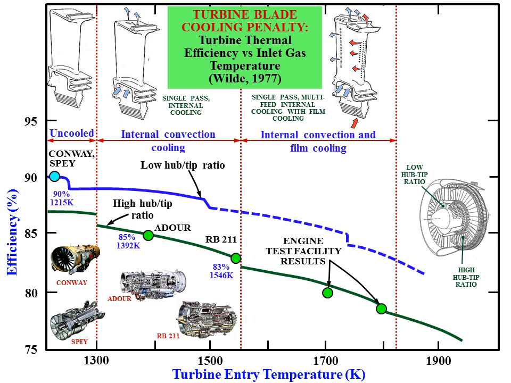So we only get results in terms of engine tests that use the internal convection and film cooling blade type. The efficiency is around 78% to 80%.